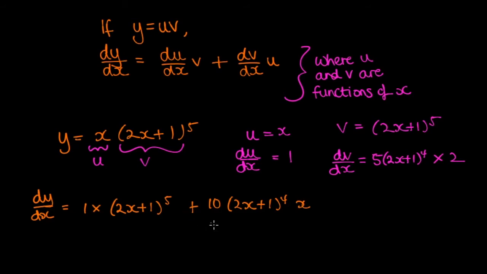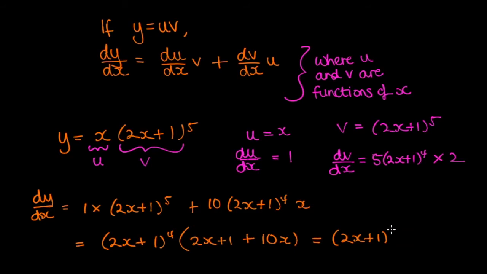Now we can simplify this by factorizing out a factor of (2x plus 1) to the power of 4. So from this term we have a remaining 2x plus 1, and from this term we have 10x lots of (2x plus 1) to the power of 4. So our final answer is (2x plus 1) to the power of 4 multiplied by (12x plus 1).